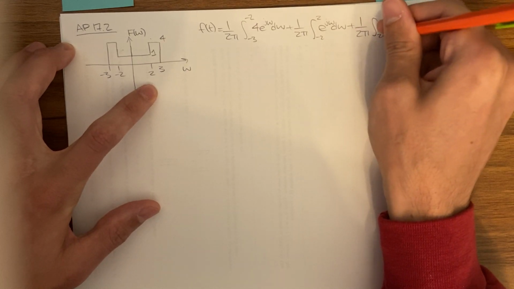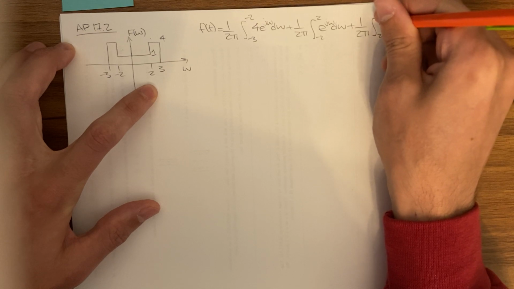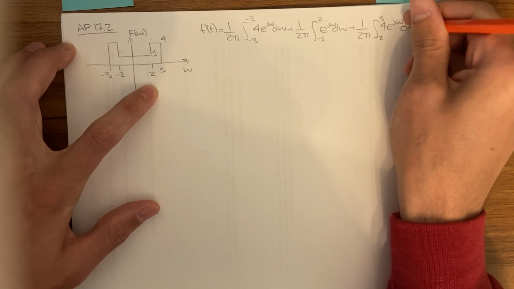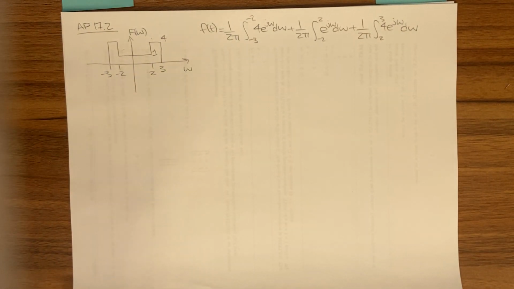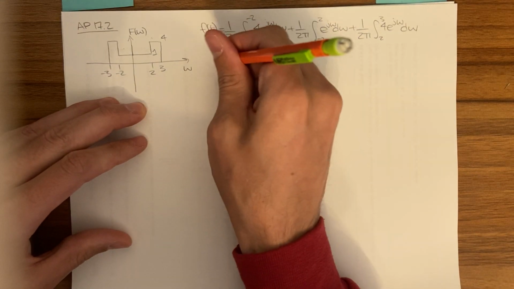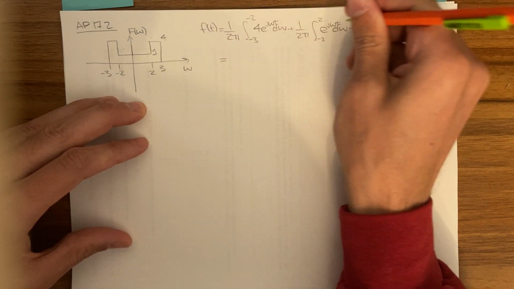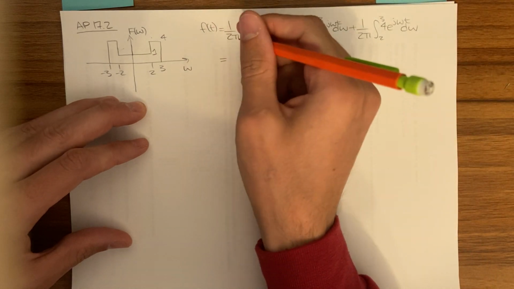And we're integrating now from 2 to 3 for e to the j omega t d omega. So now we just have these three very simple integrals to worry about. Oh, sorry, and then we need omega t.